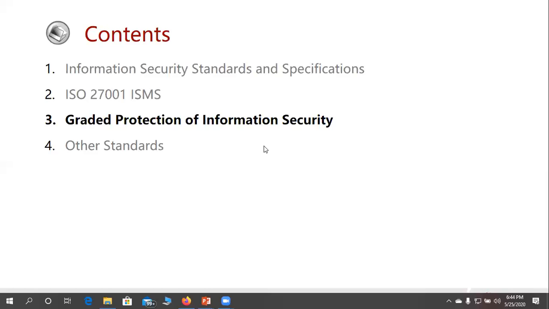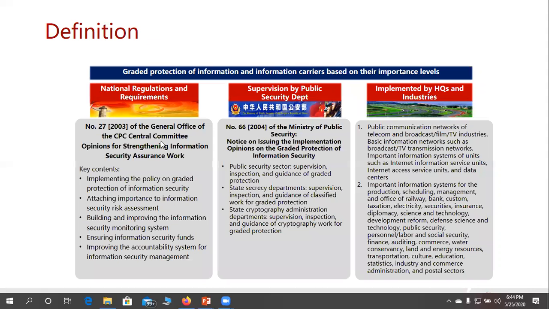Graded protection of information systems. So of course, we said that China has got its own graded protection of information systems, which has national regulations and requirements. It then has also the supervision by the Public Security Department. So these regulations have to be supervised, and then they have to be implemented by the headquarters and the industries.